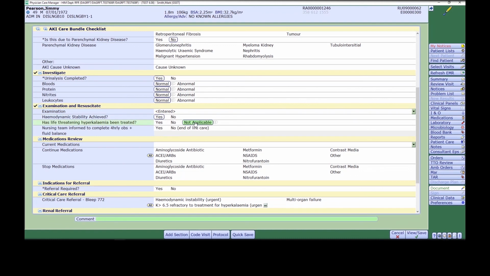If the patient does have hyperkalemia, there is a life-threatening hyperkalemia algorithm available on the hub.